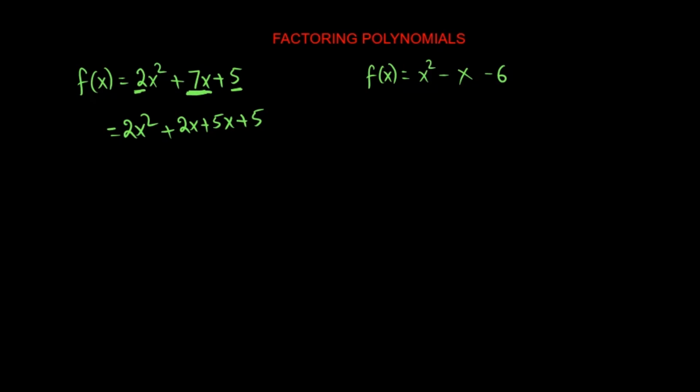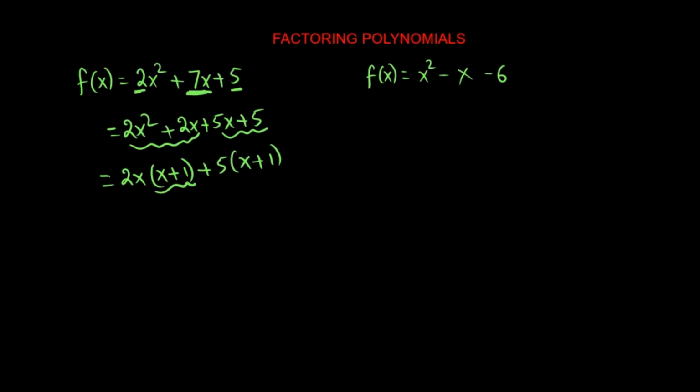Now, you group them by 2, these two together and these two together, and find common factors. Between the first two terms, the common factor is 2x, and inside the bracket we have x plus 1. Between these two, the common factor is 5, and in the bracket we have x plus 1.